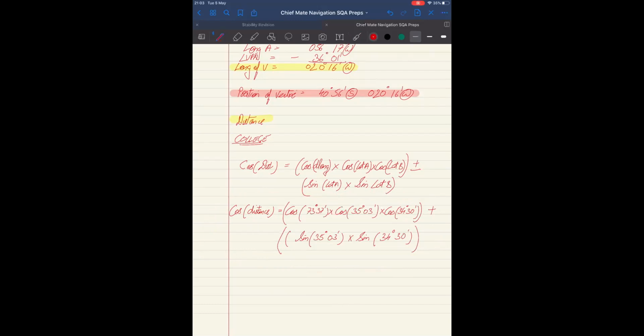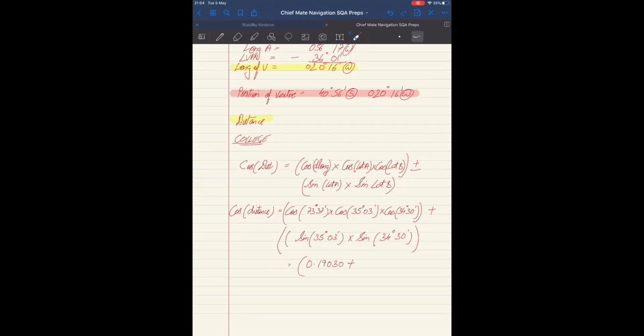So first I would solve this bit: cos of 73 degrees 37 minutes times cos of 35 degrees 3 minutes multiplied by cos of 34 degrees 30 minutes, which is equal to 0.19030.